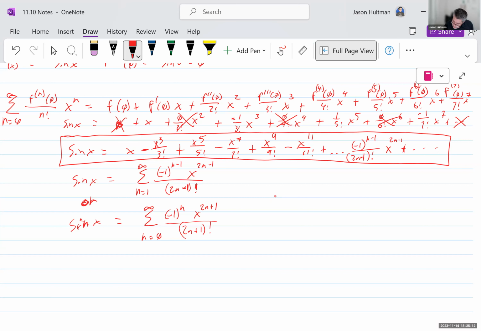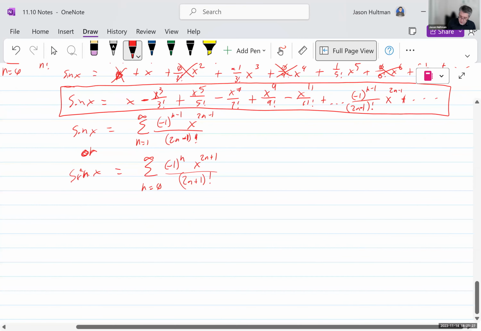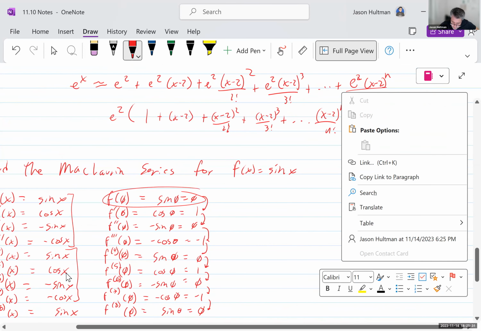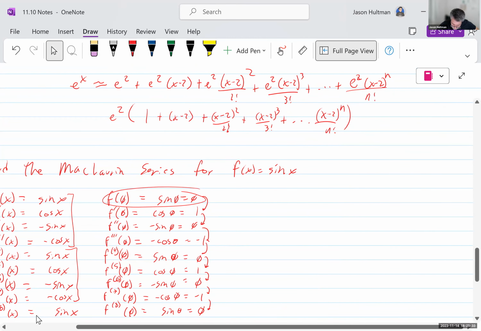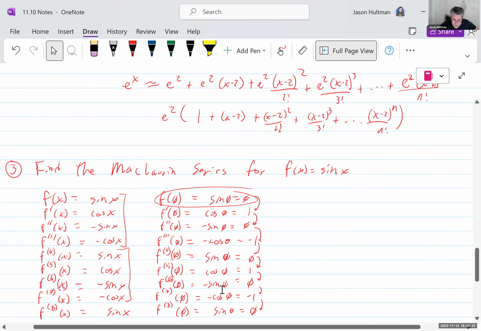Okay, sine of x is equal to this series. And so how would we find the series for cosine x? I could actually just take the derivative of this. We could go through the whole process again, like we did here, starting with cosine, but it's a very long process.